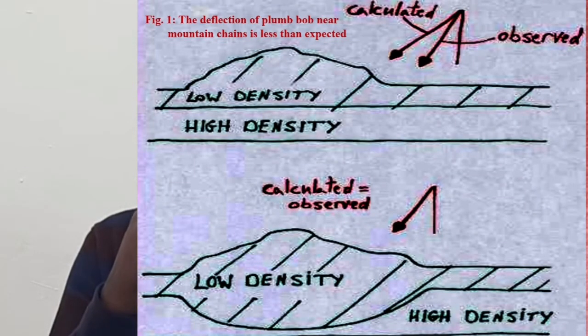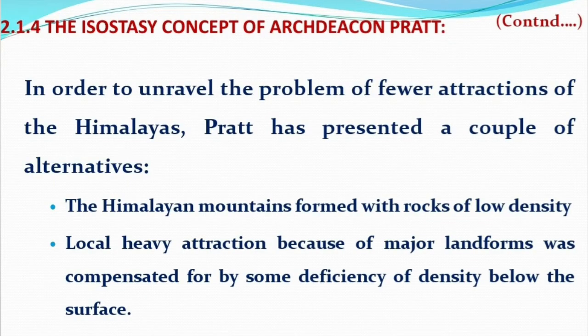The figure on the screen reveals that the deflection of the plumb bob near mountain chains is less than expected. In order to unravel the problem of the lesser attraction of the Himalayas, Pratt presented a couple of alternatives. One, the Himalayan mountains are formed of rocks of low density.